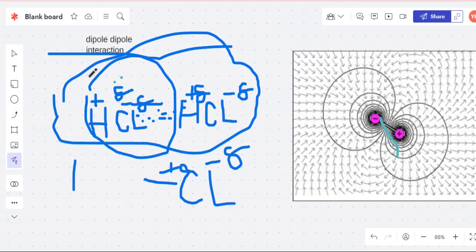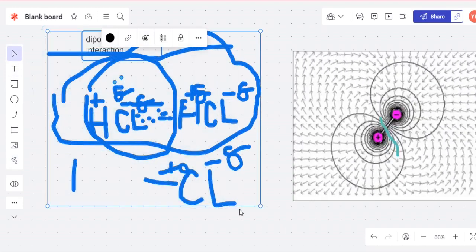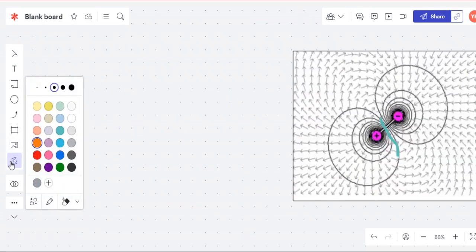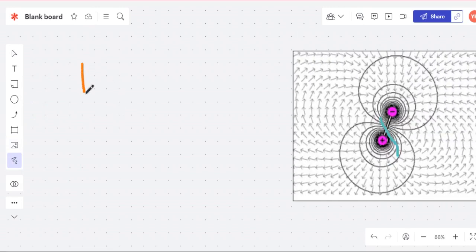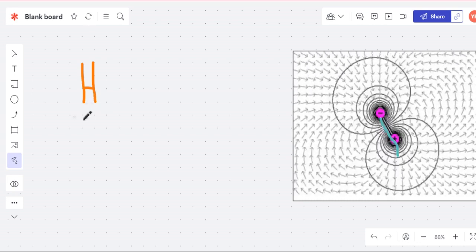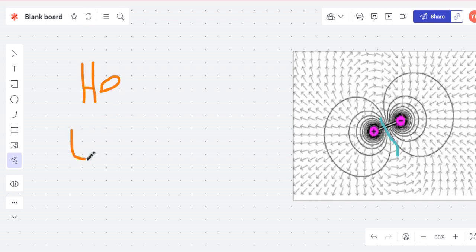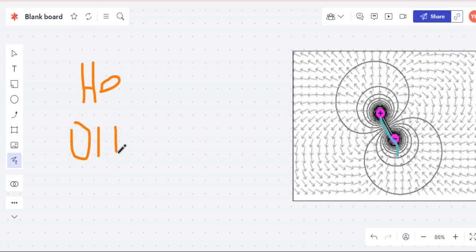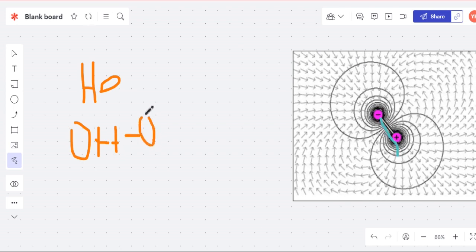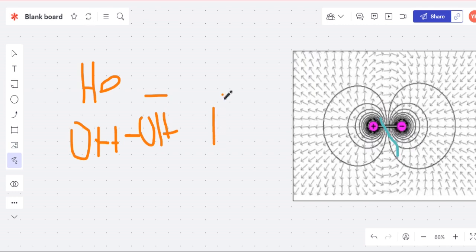So let's include an example of water as well, because that is also a dipole-dipole interaction. Let's take an example of the water molecule. This is hydrogen, HOH, something like this, with oxygen making the structure, then again HOH.